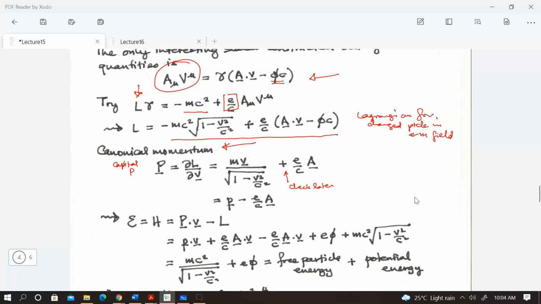But essentially, your canonical momenta, the conjugate momenta that you had earlier, is going to be replaced by this new thing. So the momenta of the particle gets modified by this factor, which comes from the electromagnetic field.